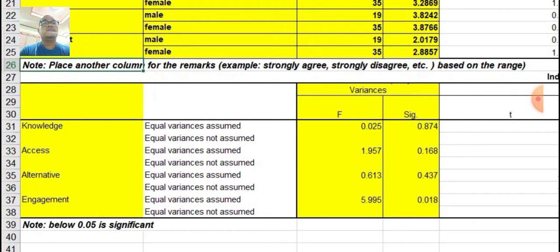Or pwede ring, although the female and male respondents have high agreements to the engagement, but female has higher agreement. Then the rest, kung pareha namang hindi significant difference, pwede nyo namang i-shorten na categories on knowledge, access, and alternative did not have significantly different responses from both female and male.